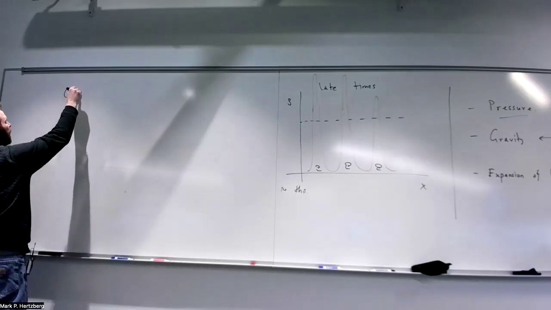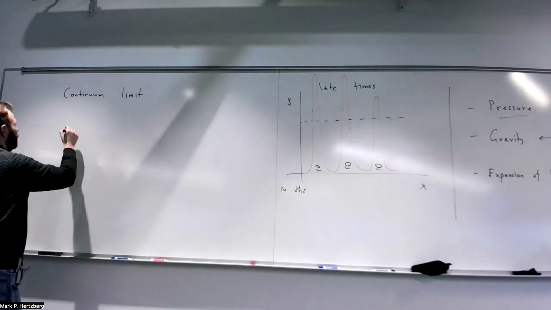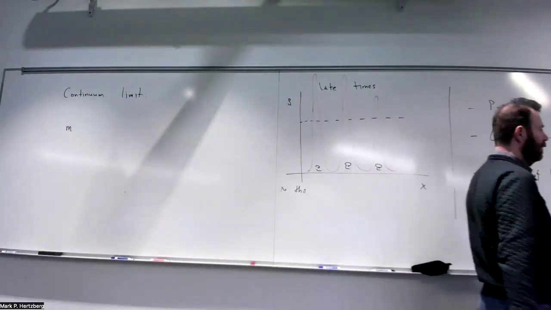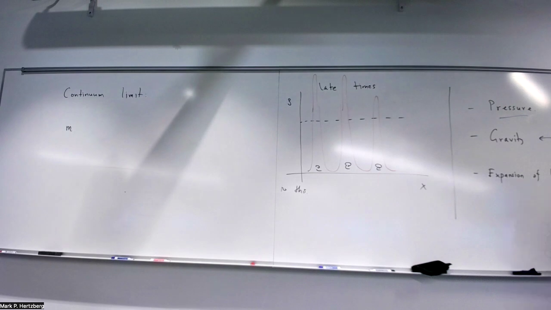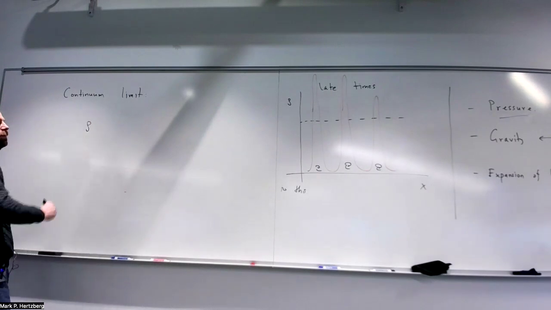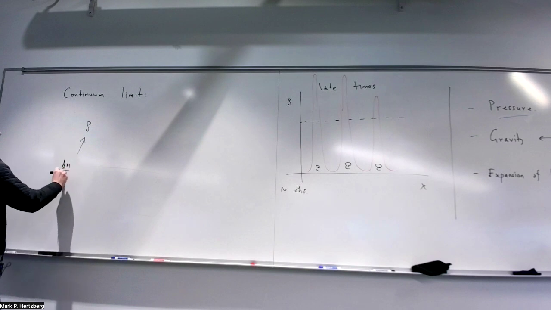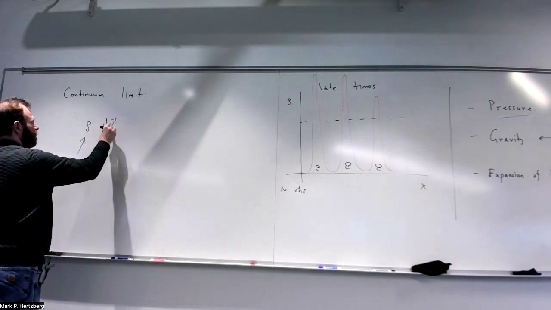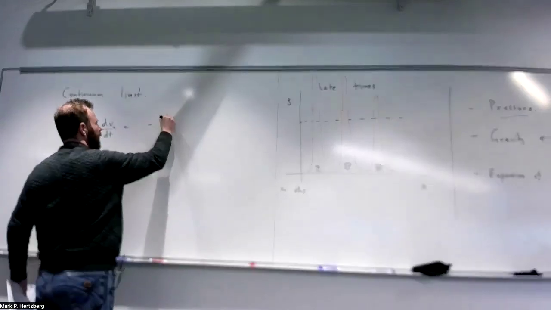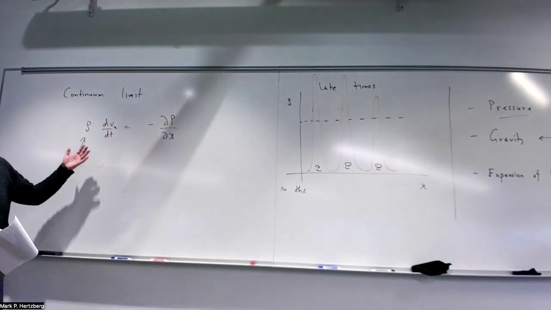Okay, so if we take a continuum limit, we just have that delta m over delta V is a mass density, so mass density rho times the acceleration is minus the change in the pressure over the change in x, that's just the x direction.